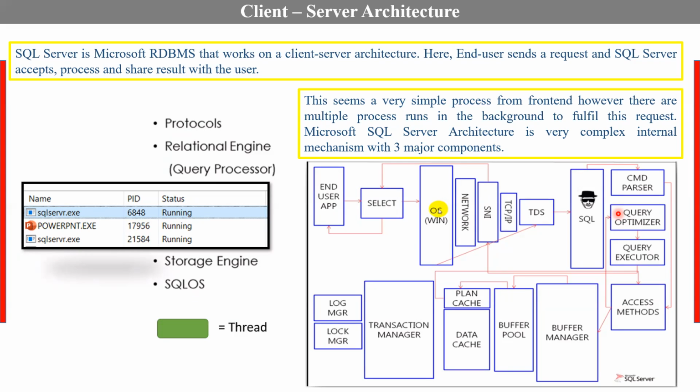Three protocols are available in SQL Server. It will use any one of them based on the requirement, based on what you have enabled, and connect to the SQL Server. Hope everyone is understanding.